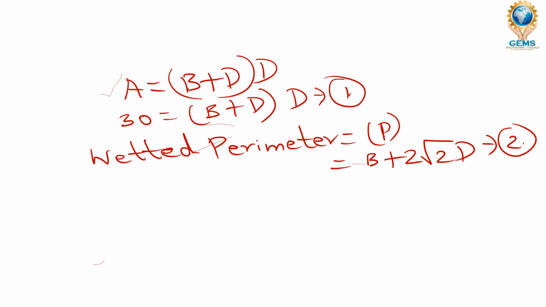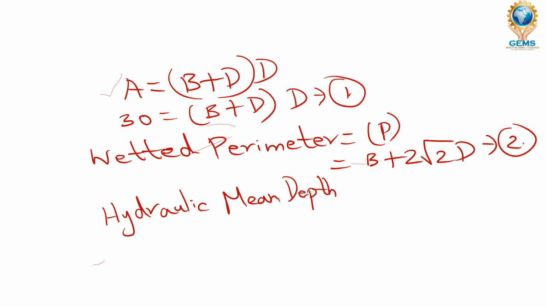We have found the wetted perimeter and we know the area. Then we are going to find the hydraulic mean depth, that is R is equal to A by Pw, which is our hydraulic mean depth. Pw is the wetted perimeter. Then you substitute the values over here.